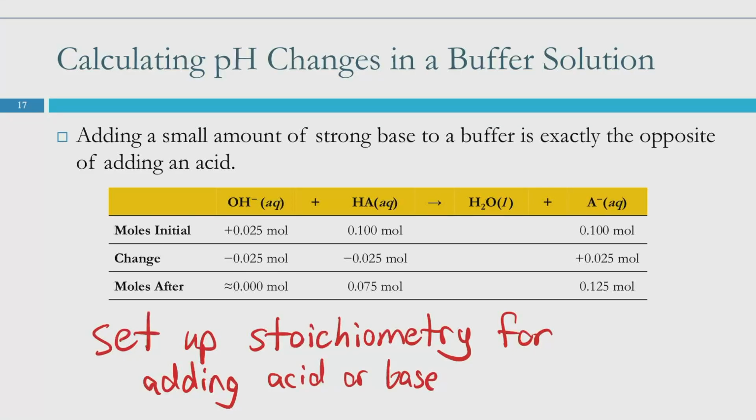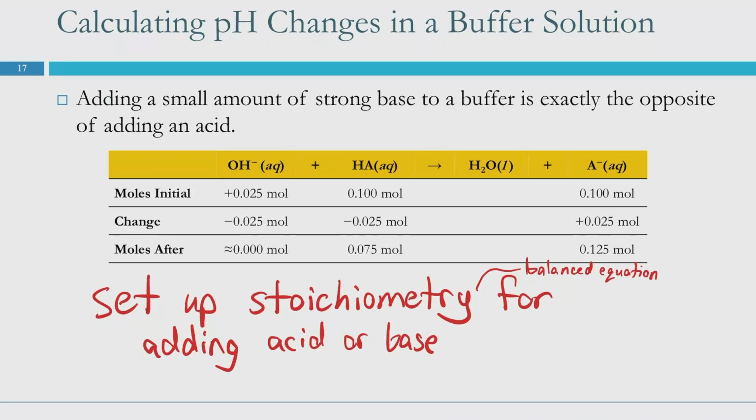Doing a table could be good. If you don't want to do a table, that's fine too. Just find something that gets you the correct numbers. I don't know why I'm writing balance equation because it's always going to be 1 to 1, but whatever.